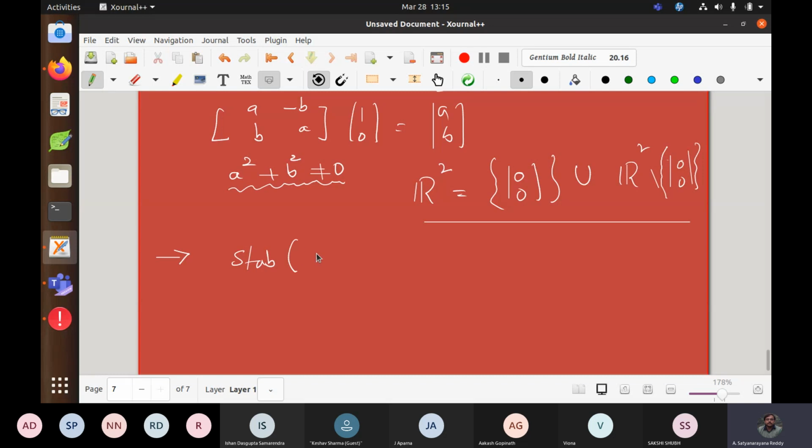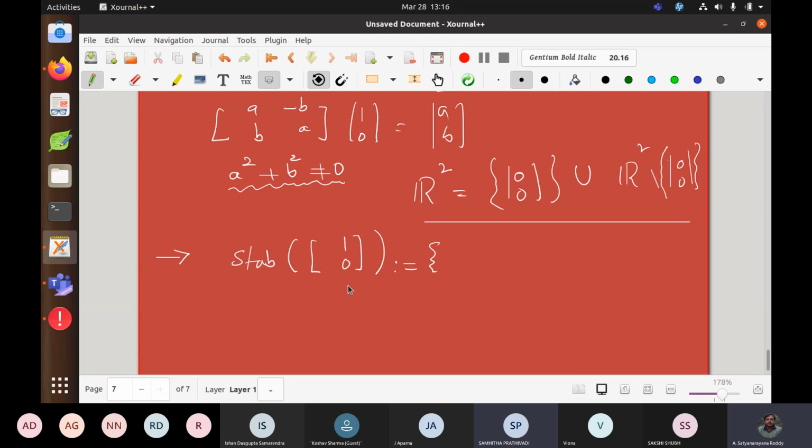I will ask Samhita. First, to define that, what is the stabilizer of (1, 0)? Can you define? Sorry, I joined a bit late, so I didn't properly get the definition of stabilizers. I understood the orbits, but not stabilizers. That's why I asked.